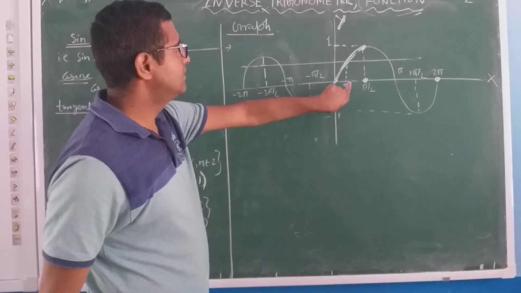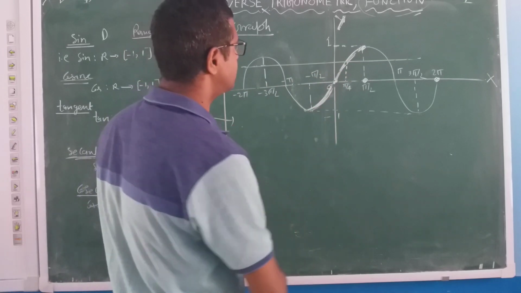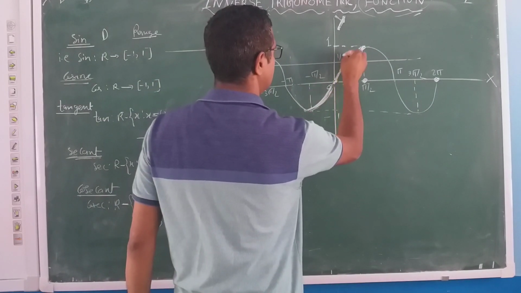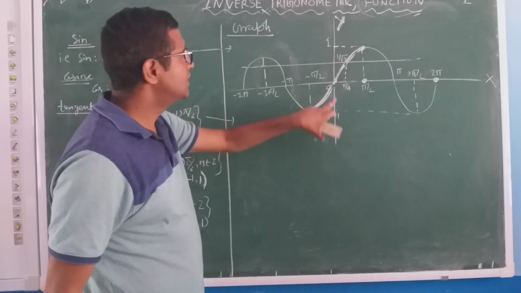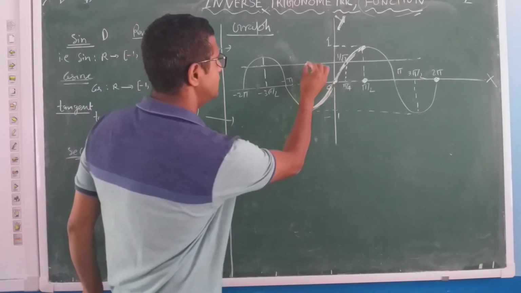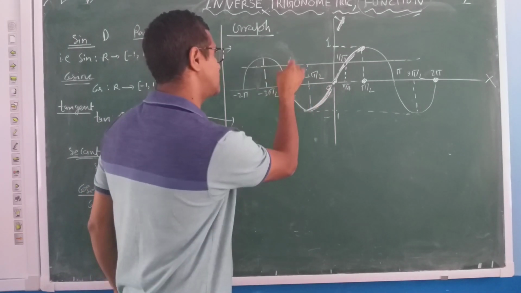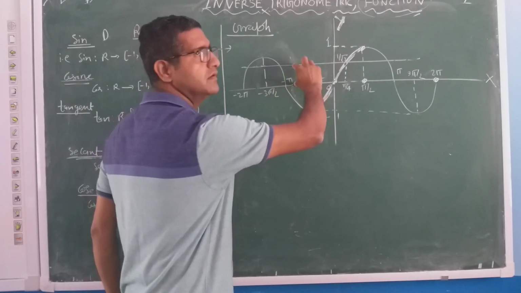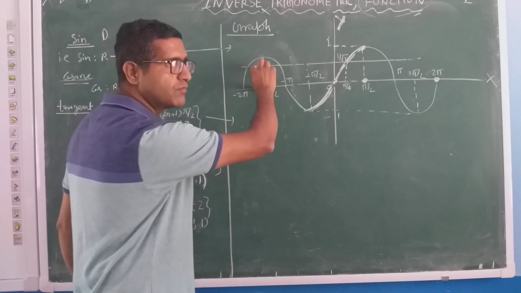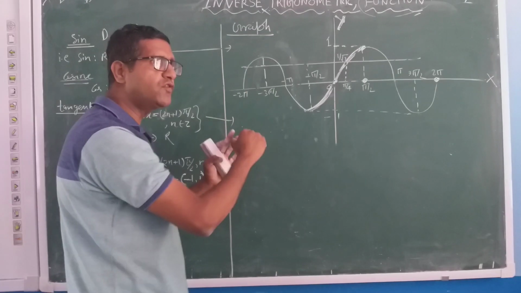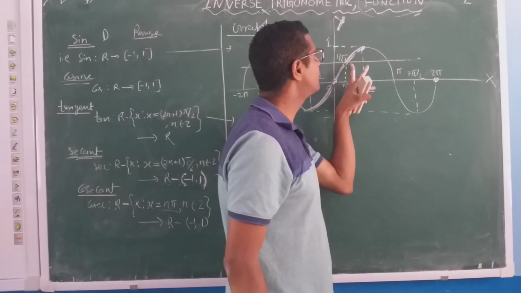If x equals pi by 4, you are getting the value 1 upon root 2. Sine 45 equals 1 upon root 2. For this domain you are getting 1 upon root 2, for this domain also, and for this domain also. For different values of the domain, you are getting the same value 1 upon root 2.